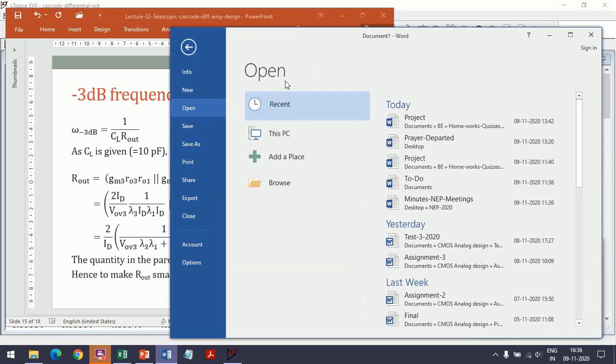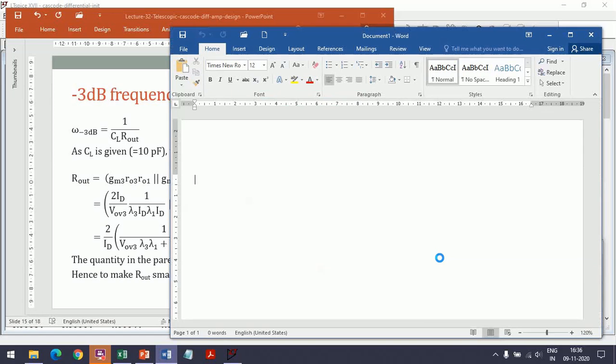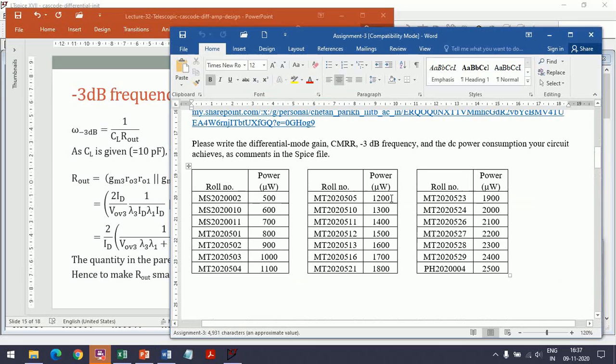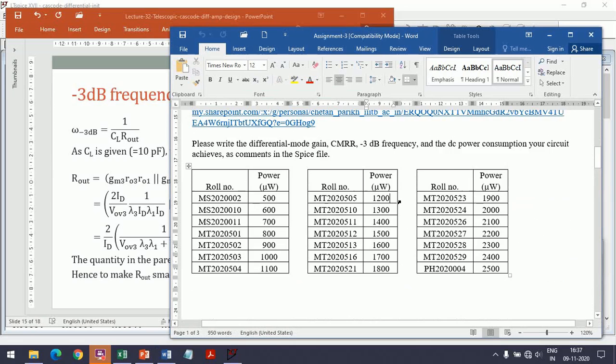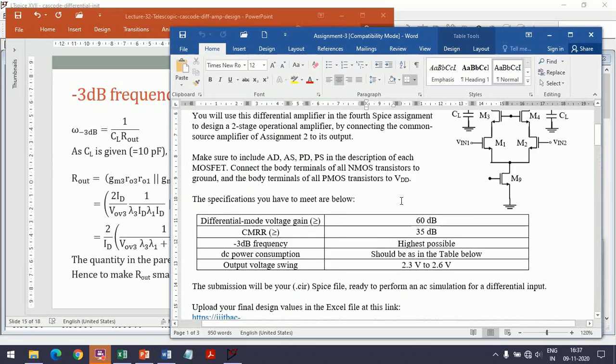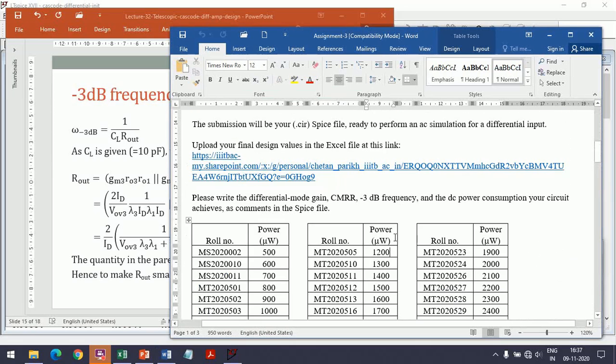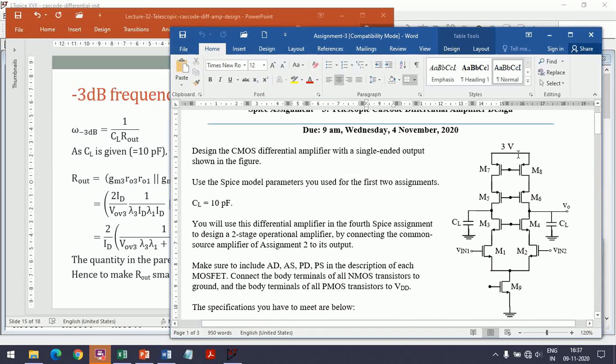let me open the assignment statement. So you are given a power number, each one had a unique power number, and the power number of course directly tells you the current that can be allowed. So this power is basically 3 volts times the current flowing.